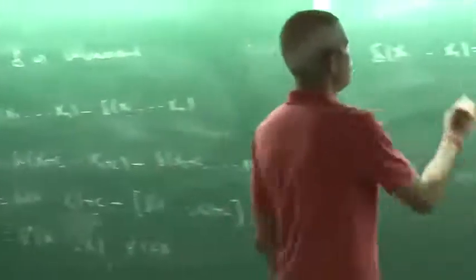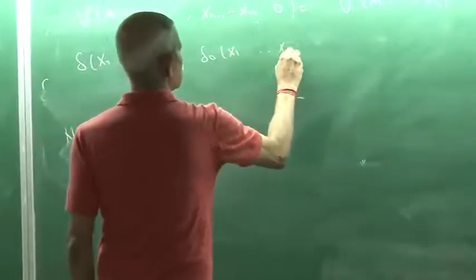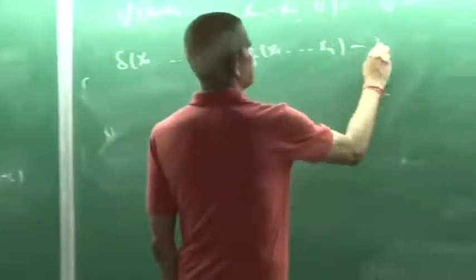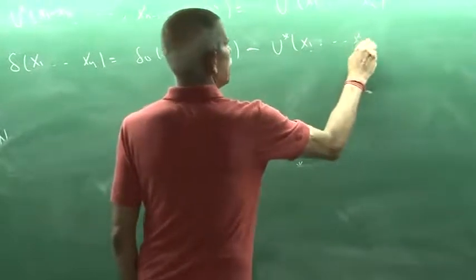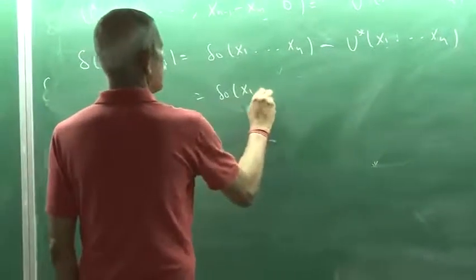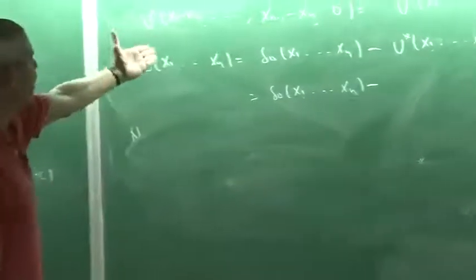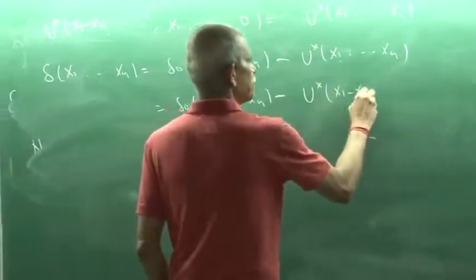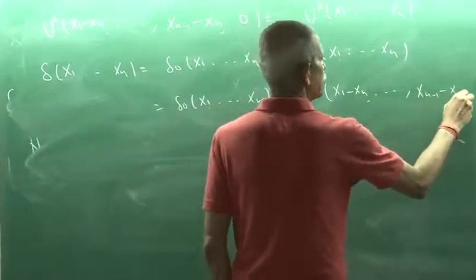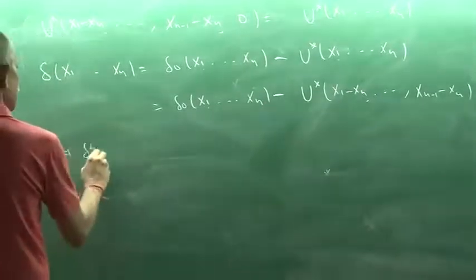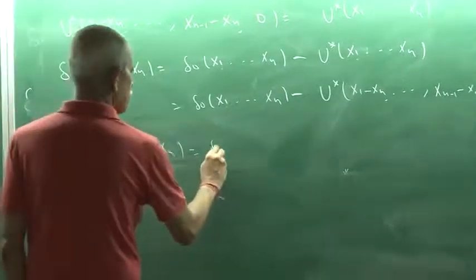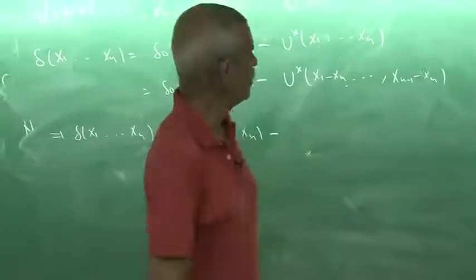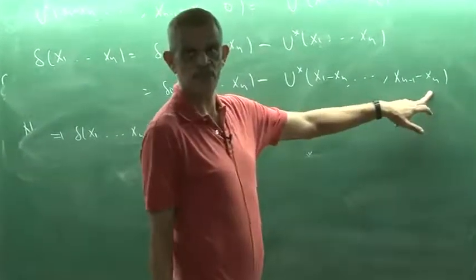delta naught of x1, x2, ..., xn minus u star of x1, x2, ..., xn, which implies that this is only a function of d1, which is x1 minus xn, through dn minus 1, which is nothing but xn minus 1 minus xn.